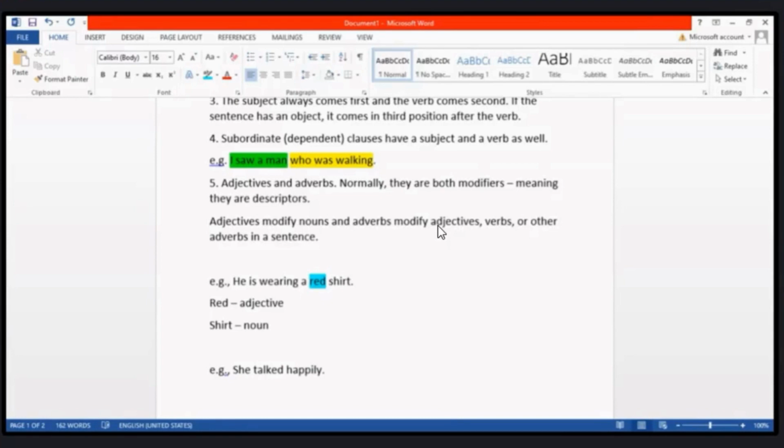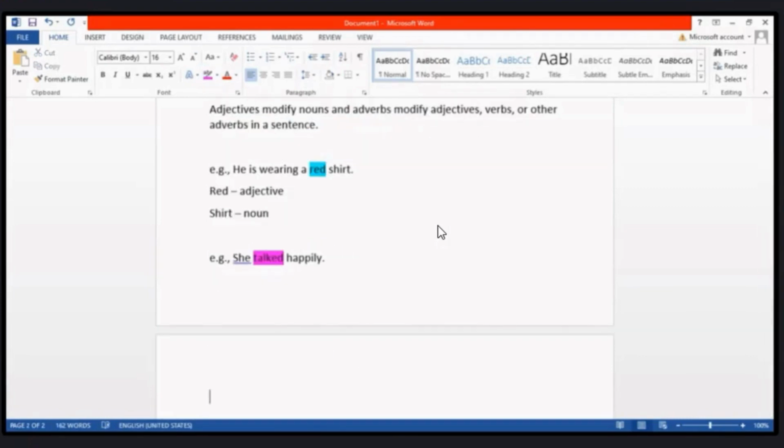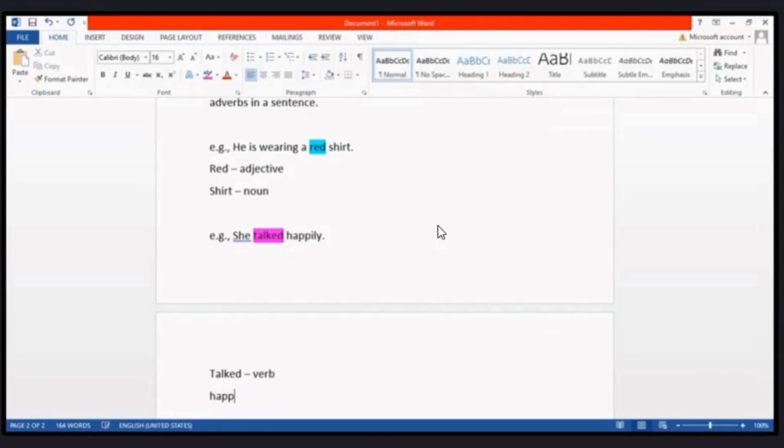In this case, if you see here, this talked is the verb, and happily is the adverb. Our adverb is describing the talking, as in how the girl talked; she talked happily.